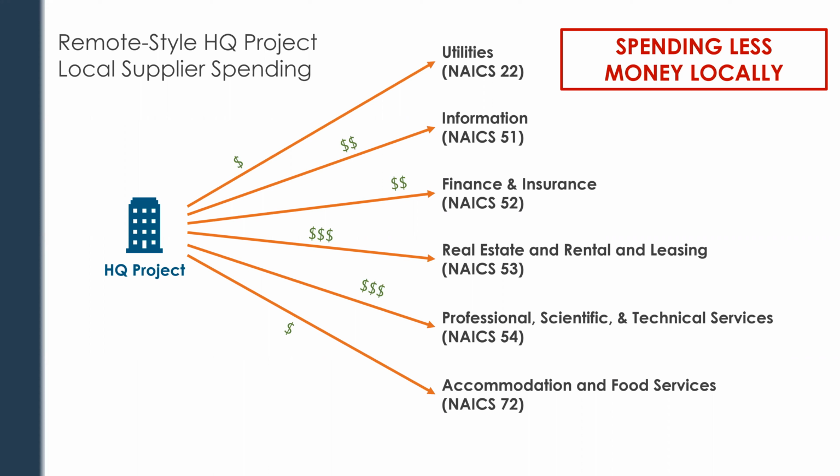It may take a little more understanding about the particular project. If it doesn't match exactly what a traditional headquarters or a traditional manufacturer has done in the past, you may need to account for that in your analysis, and we can help you depending on what those specifics are.